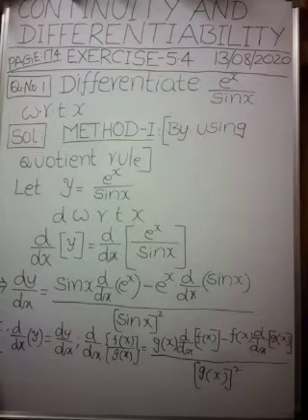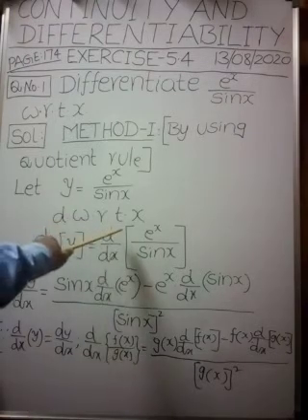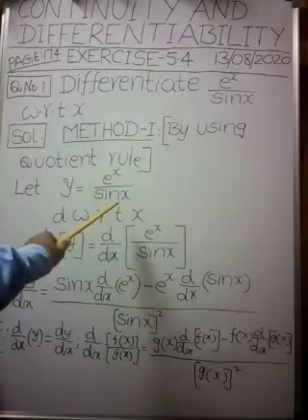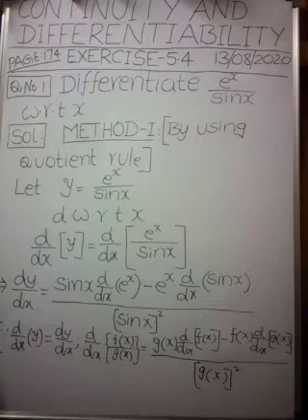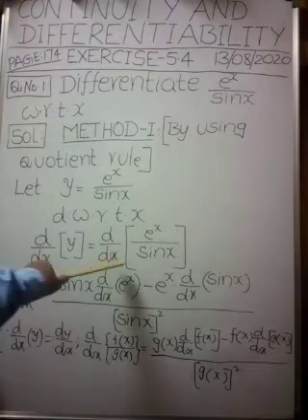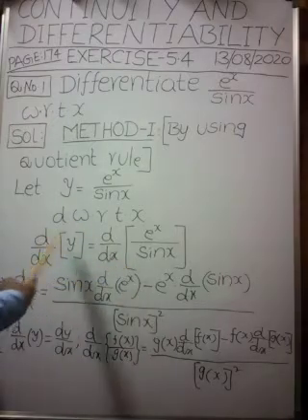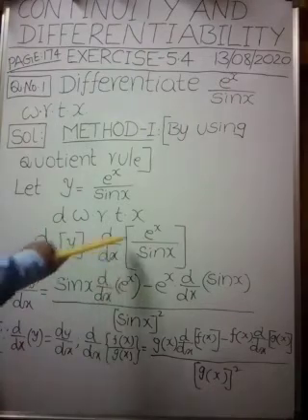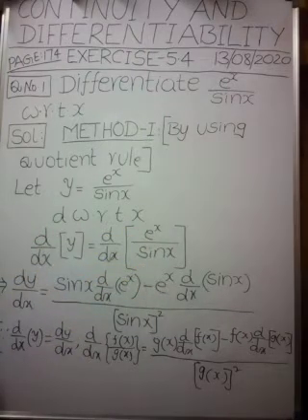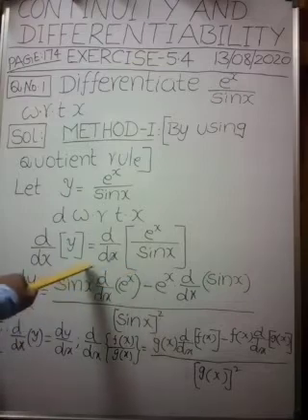So here we are differentiating both functions on both sides with respect to x. Then what is the differential operator? d by dx. So we are writing d by dx on both sides before the functions. So d by dx of y is equal to d by dx of e power x by sin x. Understood this step, my dear children?